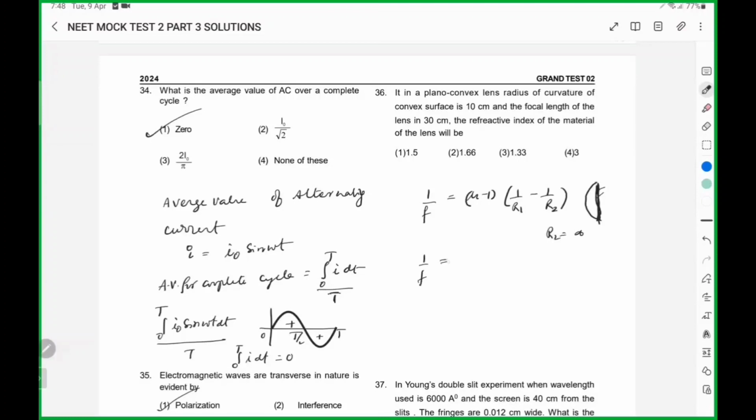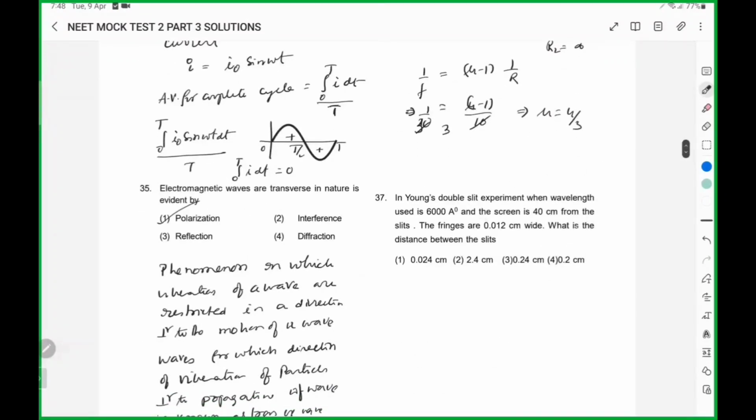So 1 by f will be mu minus 1 into, for the curved surface, radius of curvature is r. So 1 by focal length, he gave 10, focal length he gave 30, mu minus 1 by 10. So from here mu will be 4 by 3, which is 1.33.